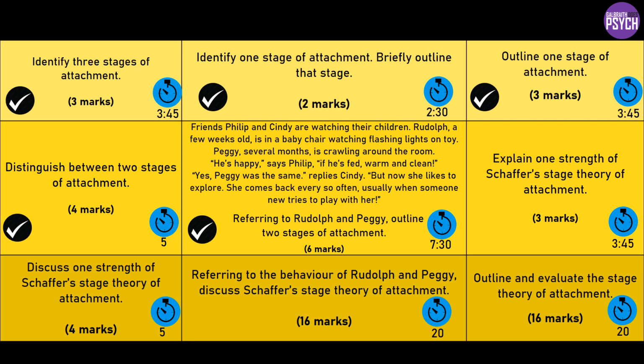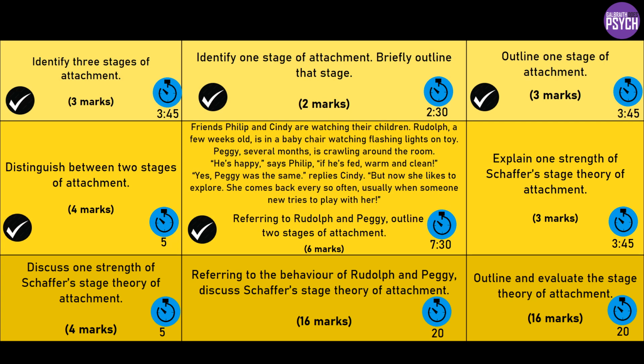This supports the stage theory because the stage theory says that those behaviours should appear around several months old, and that should develop as they get older, with multiple attachments by around 10 to 12 months. This reinforces the credibility, or demonstrates that Schaffer's stage theory is evidence-based.